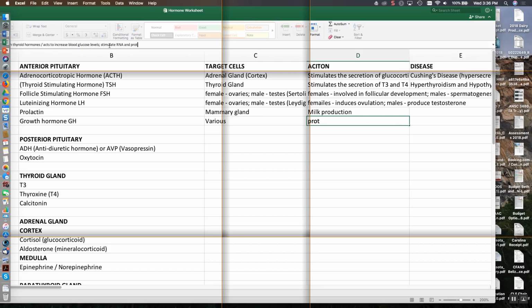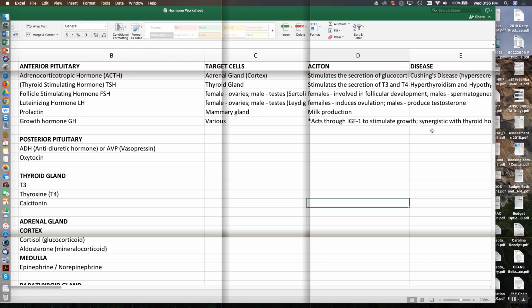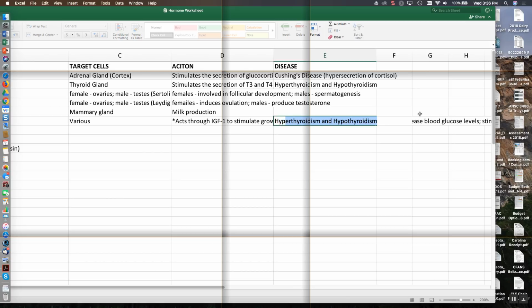Okay, so what are some of the diseases? What happens when there's too little growth hormone? Hyposecretion equals pituitary dwarfism. This is different than achondroplasia, which is a different type of dwarfism, a recessive one.